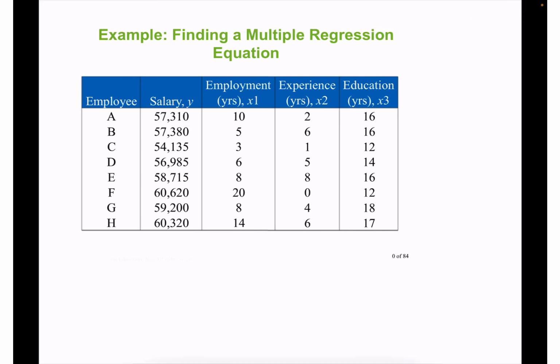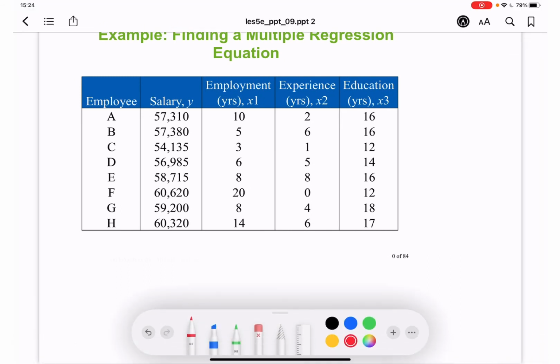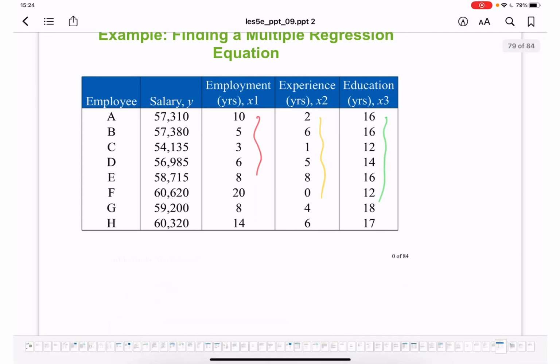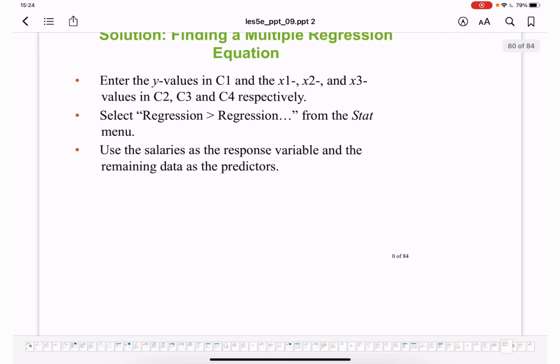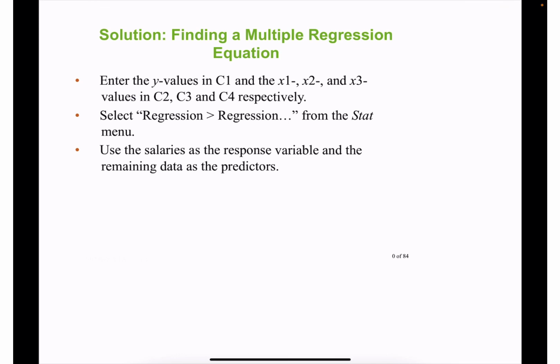So, finding the multiple regression equation. Those are employment, then experience and education, and we see how it's going to affect the salary. So it's going to affect it based on the multiple regression equation. So we are going to solve it.